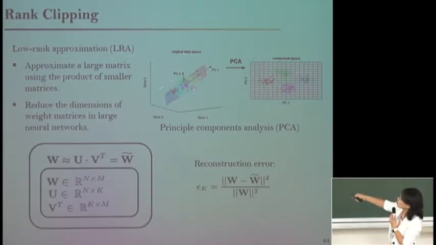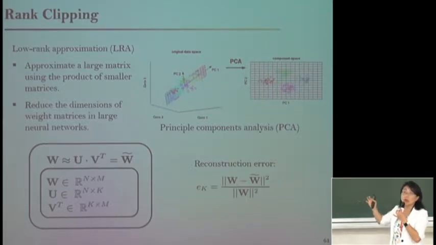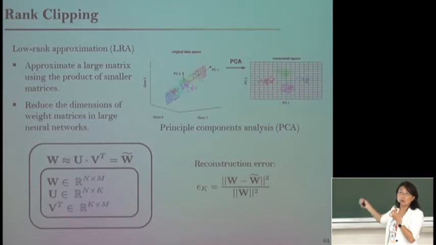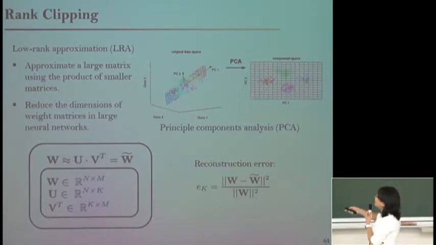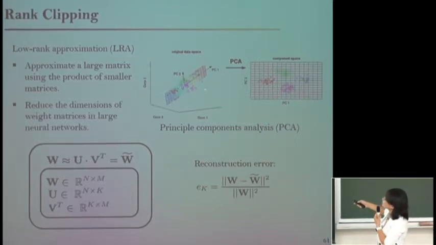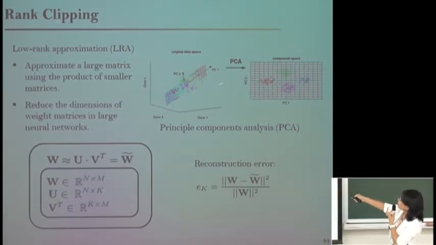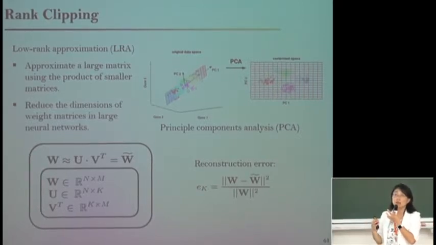This is the data set we're interested in. Originally, it's in a three-dimensional space. If we are able to find PC1 and PC2 mapping on this surface, then it can be represented by a two-dimensional matrix, right?